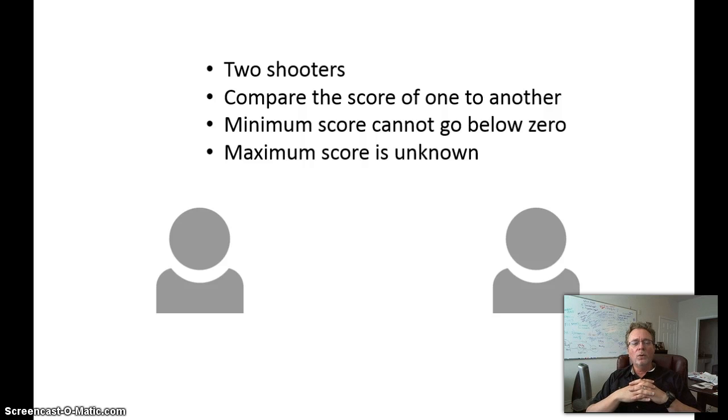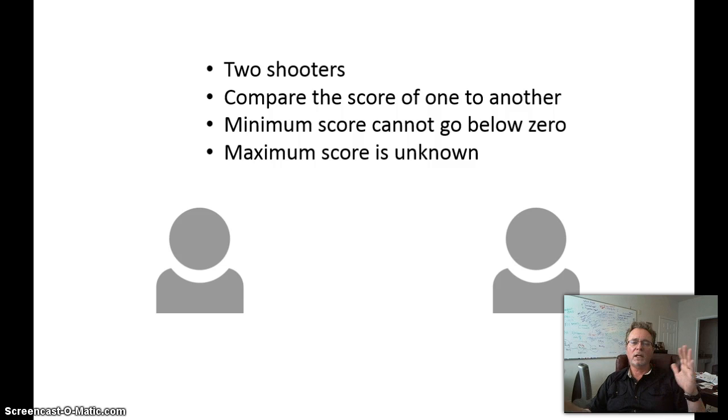So we can't really weight each number, whether it's a point or a second or a fraction of a second. We really can't change the weighting of that because we don't know the maximum possible amount. So really, the only thing you can do is just divide the two and get a number so that you can look at the difference between the two numbers.